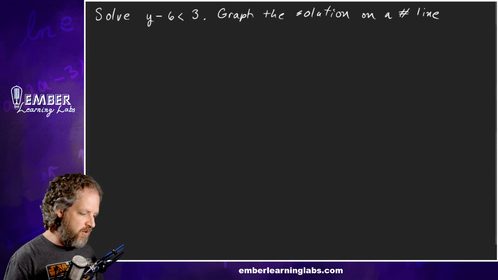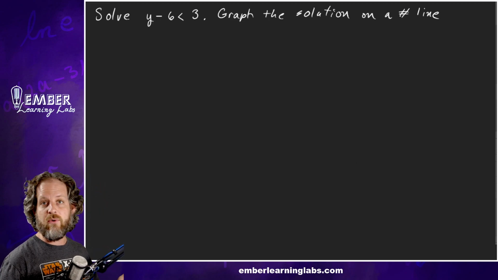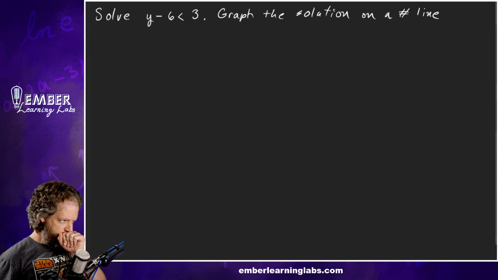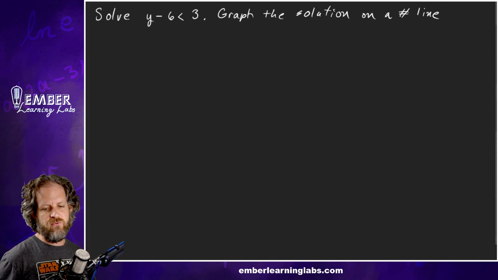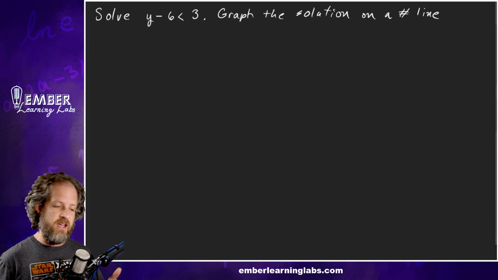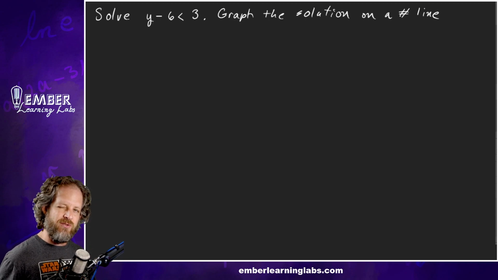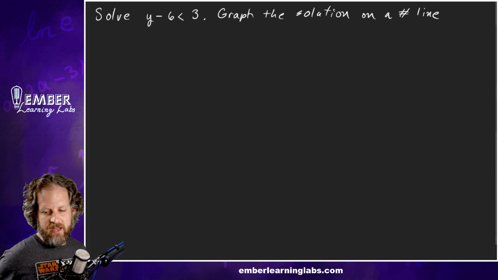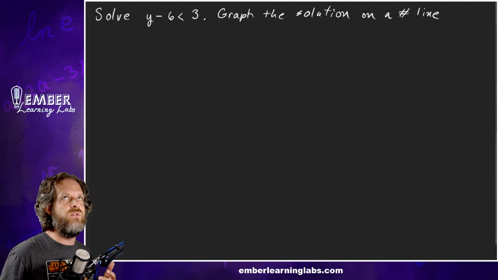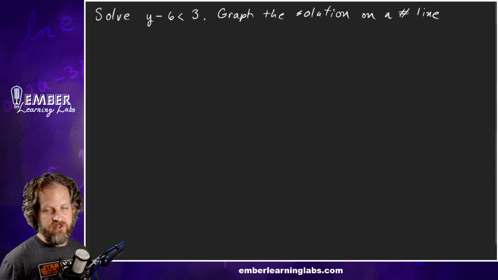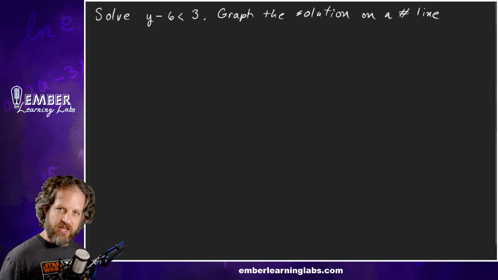All right, so we're going to solve an inequality, and we're going to graph the solution on a number line. One of the biggest differences between solving an equation and an inequality is that last thing. We need to represent it with a picture, because that's the only real way to actually describe the answer properly, because the answer isn't just a single number, right?